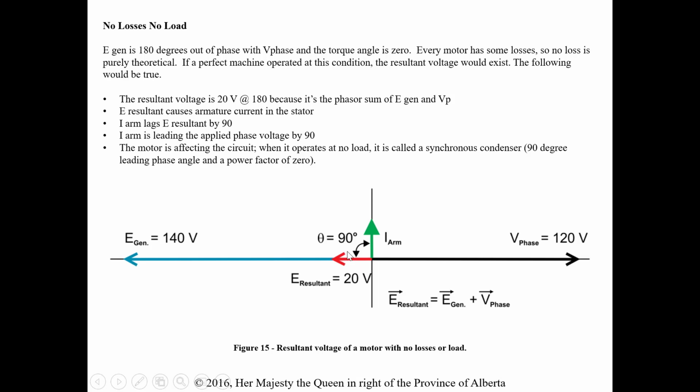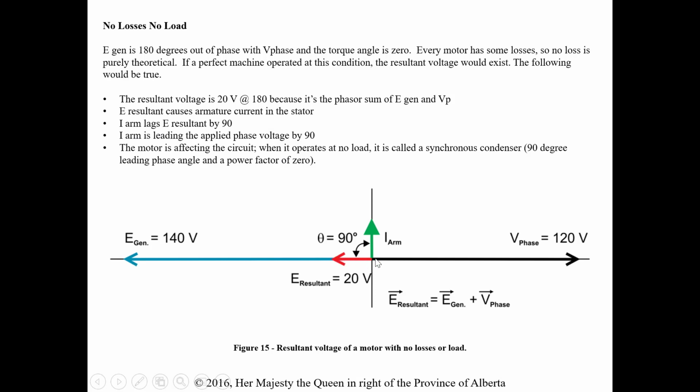Now what's important here is this relationship that we talked about previously between the resultant voltage and the armature current, this 90 degrees. Okay, so our current now is at 90 degrees. So again, with this purely theoretical scenario here, my E resultant causes armature current in the stator. My armature current lags E resultant by 90.